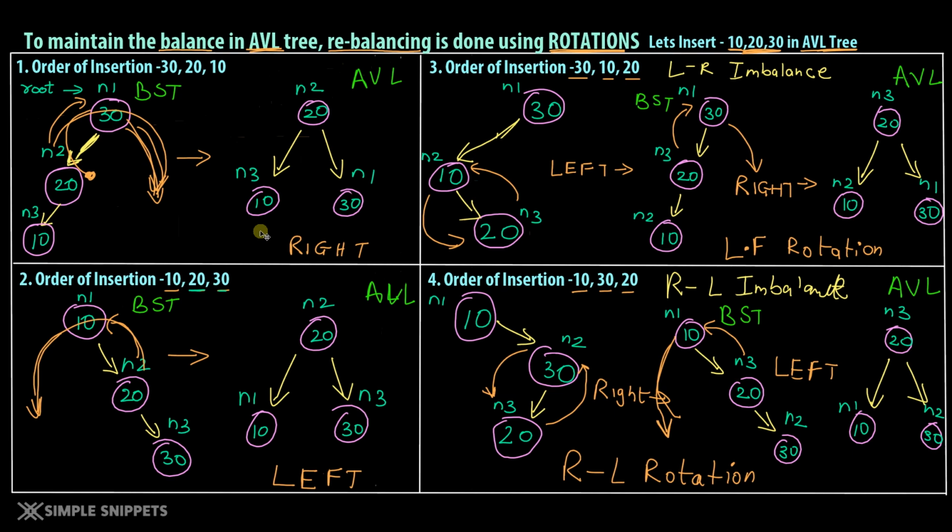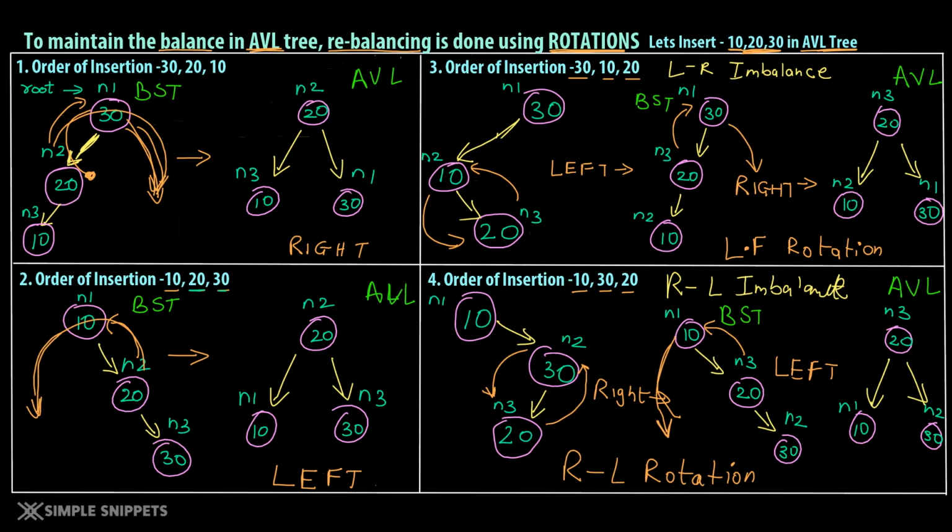And remember, AVL tree is nothing but a balanced binary search tree, so all the operations that happen in a binary search tree will also happen similarly in an AVL tree. However, whenever you insert new values or delete existing nodes from a binary search tree, there are chances that the binary search tree will become imbalanced, correct?